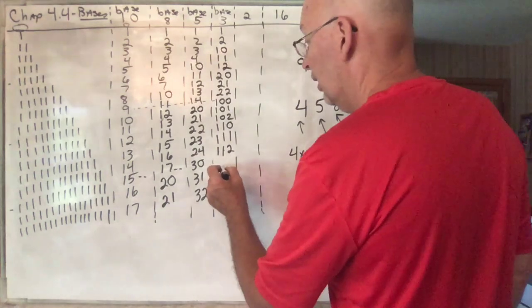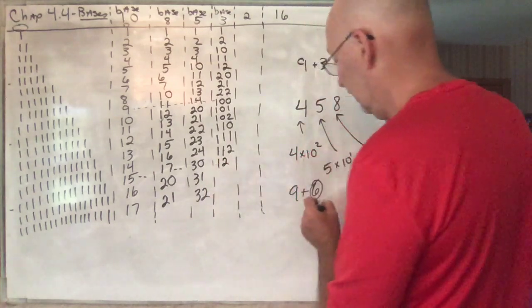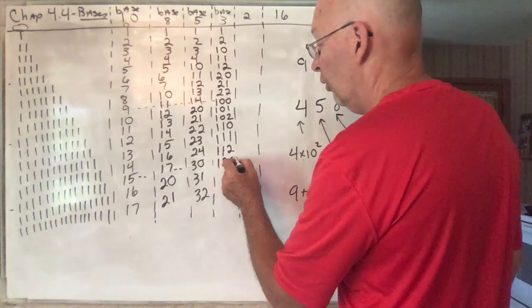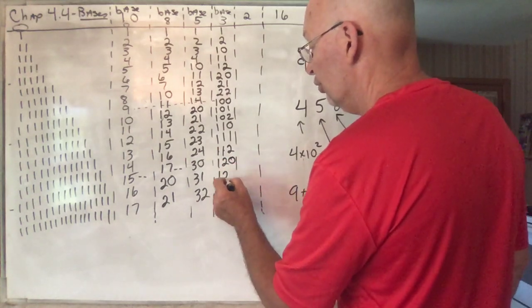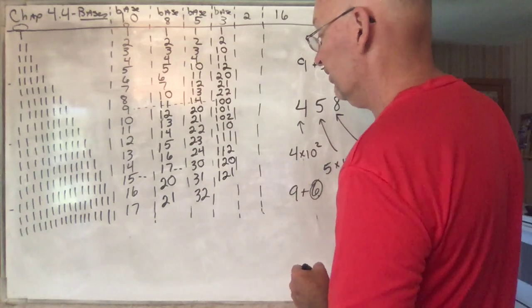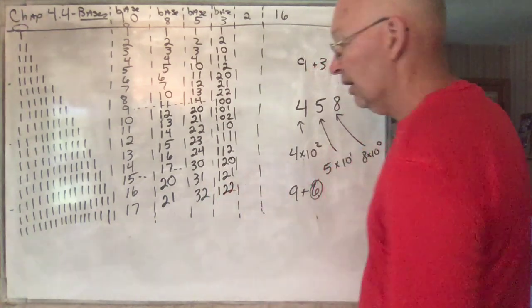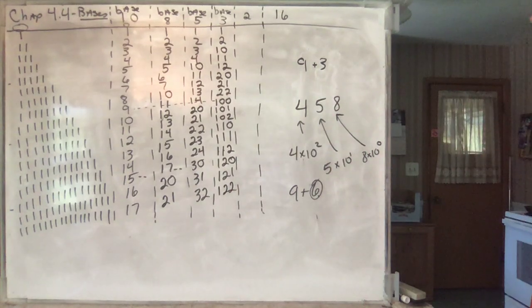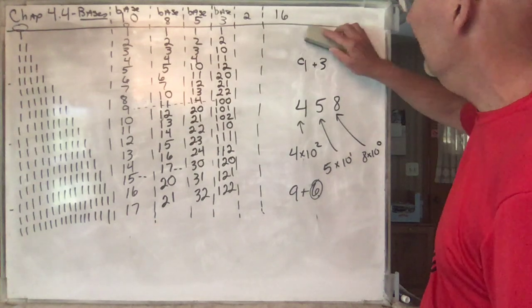So it's going to be 1 group of 9, that's right here. 2 groups of 3, that gives you the 6, with none left over. 1, 2, 1 is 16. And 1, 2, 2 is 17. Okay, there you go. Okay, so that's base 3.